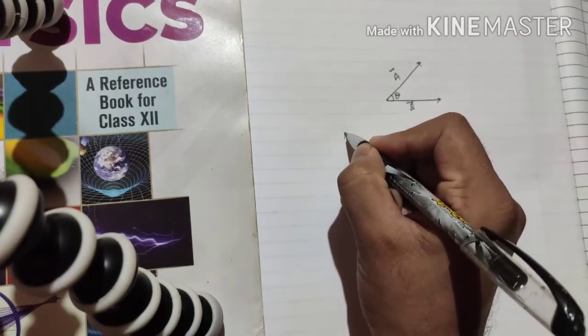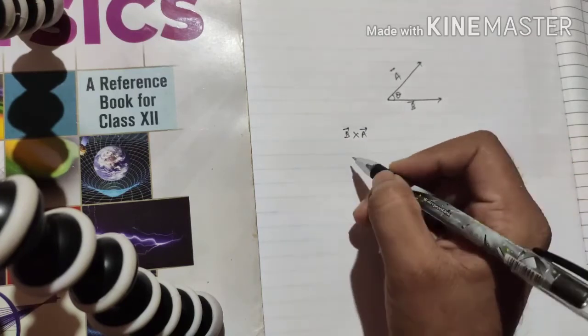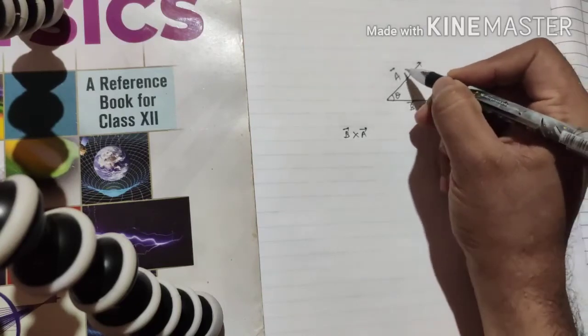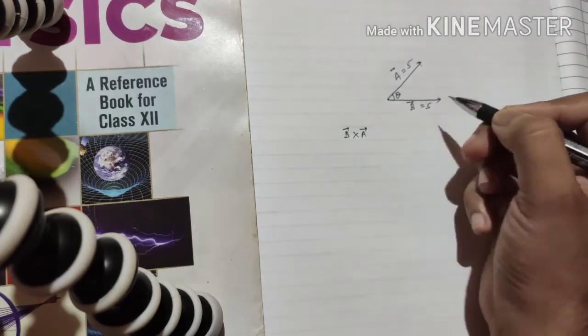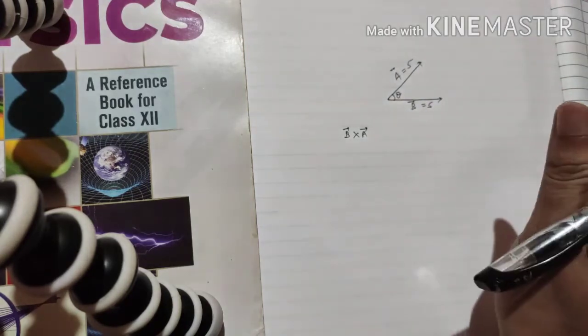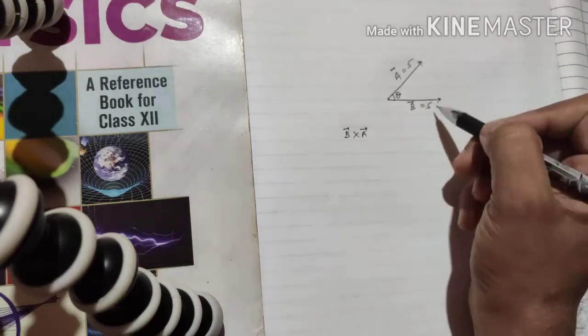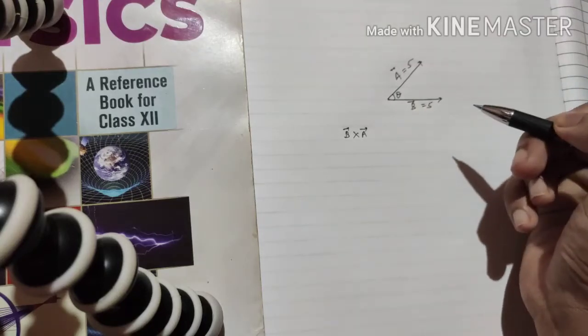Find out B cross A. Let's assume its magnitude. Suppose the magnitude of B is 5 and the magnitude of A is also 5. So 5 into 5 you will get 25, that is the magnitude. But you know that the resultant of B cross A is basically a vector. So what is the direction?